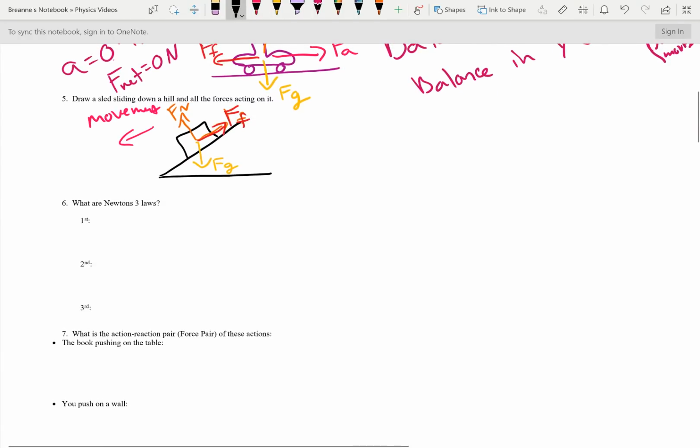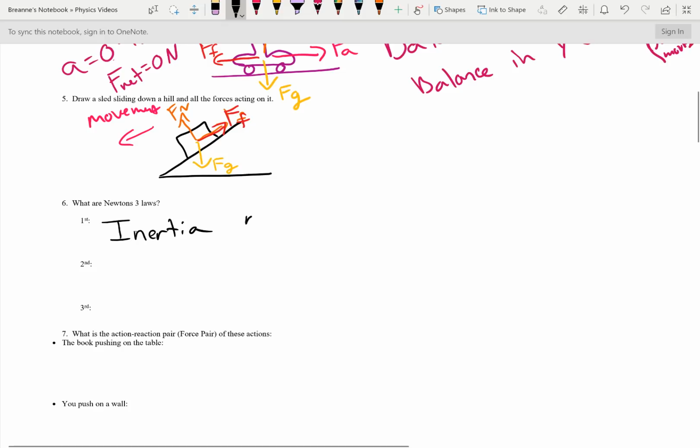So what are Newton's three laws? The first law is the law of inertia. I think I misspelled that. Basically, an object in motion stays in motion, an object at rest stays at rest. So whatever the object's doing, it wants to continue doing that.